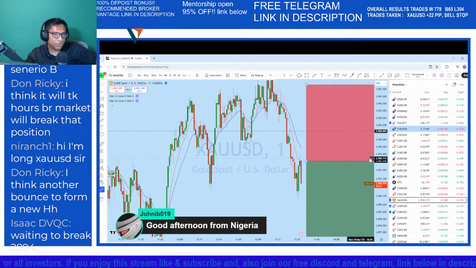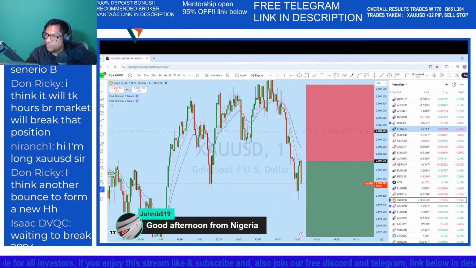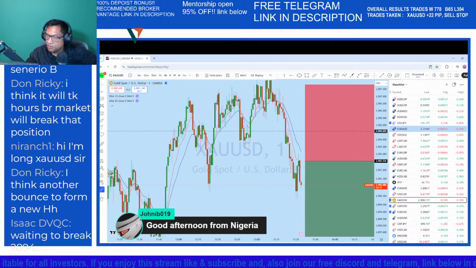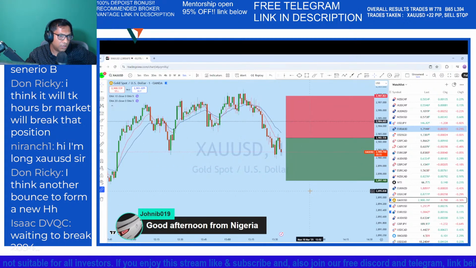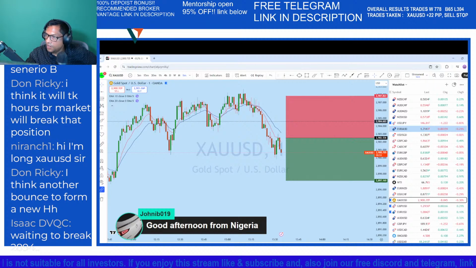So still here bearish, I'm still holding it, and we may see that ultimate coming down, expecting to drop back down here to create a new lower low.